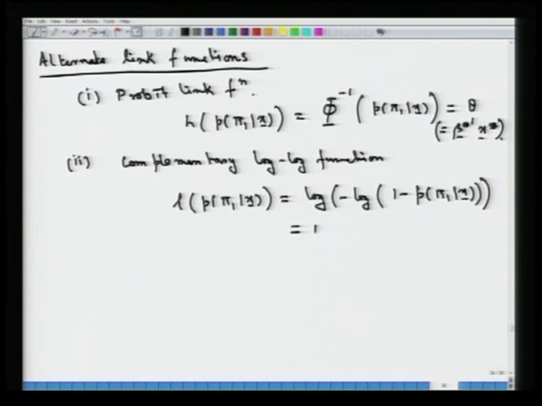That is linked with this theta, which once again is that linear combination of the parameters with the feature vector with a constant 1 attached to it. So these are two alternate link functions.